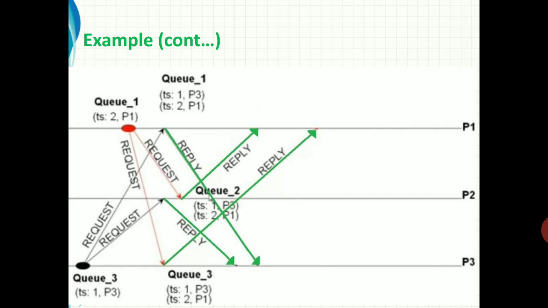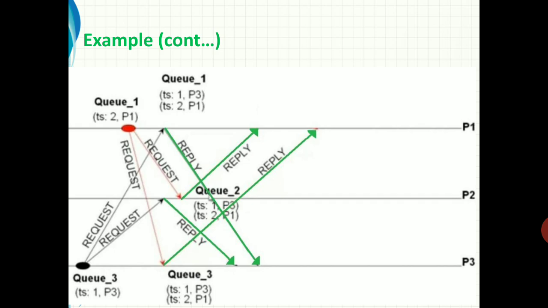The second condition to enter the critical section is that the process's request must be at the queue's front. The message from P3 is on the top of all the queues because its timestamp is 1. Taking both conditions, only P3 can enter the critical section because its request is at the front of the queue and it received reply messages from all other sites.